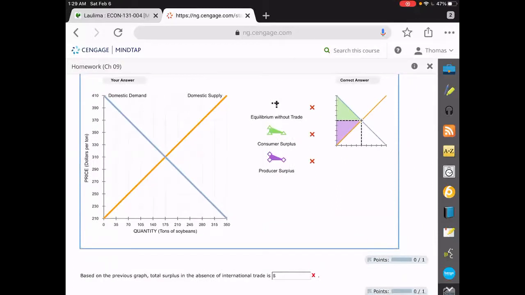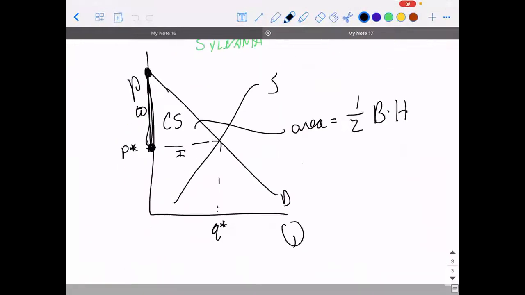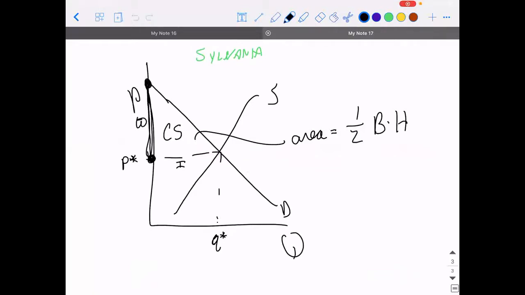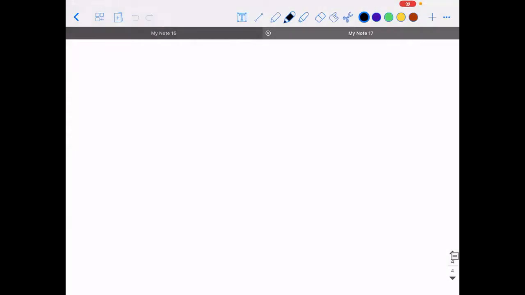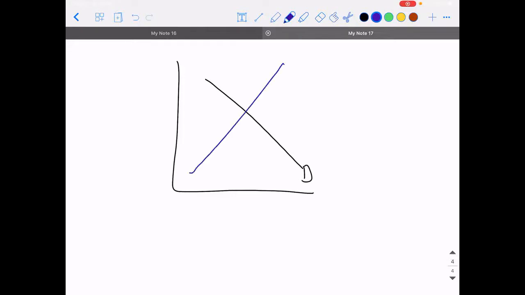That would be 1/2 times 175. 1/2 base times height.